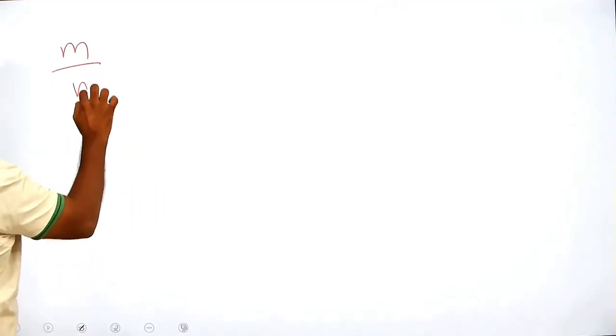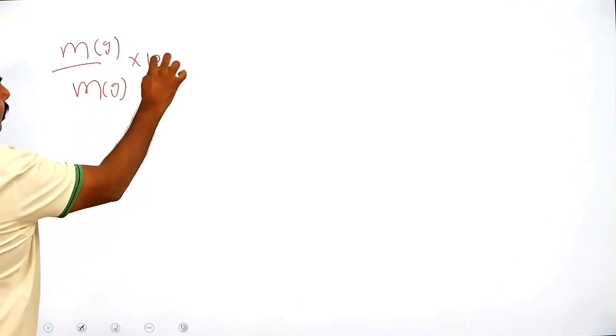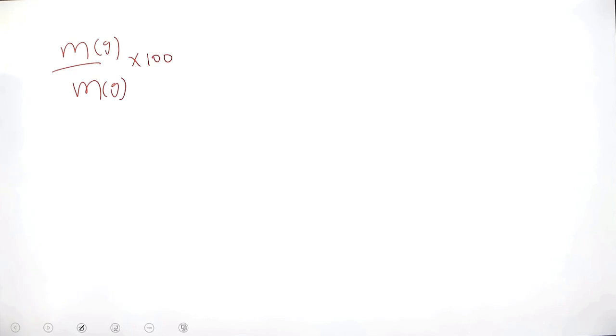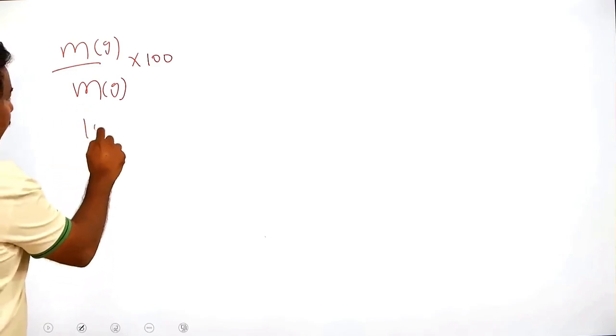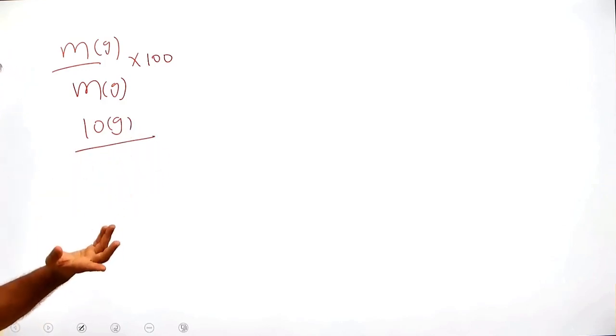Case study number 1. Mass by mass, grams into 100. அதுக்கு முன்னாடி ethylene glycol யூஸ் பண்ணீங்க. அதுக்கு முன்னாடி என்ன யூஸ் பண்ணோம்? 10 grams of glucose in solution. We assumed it to be 100 grams of solution. Am I right?